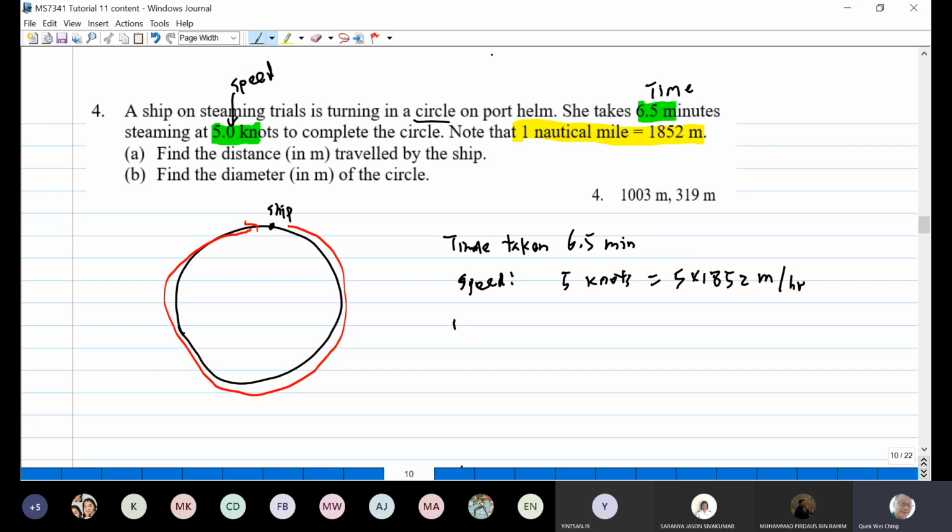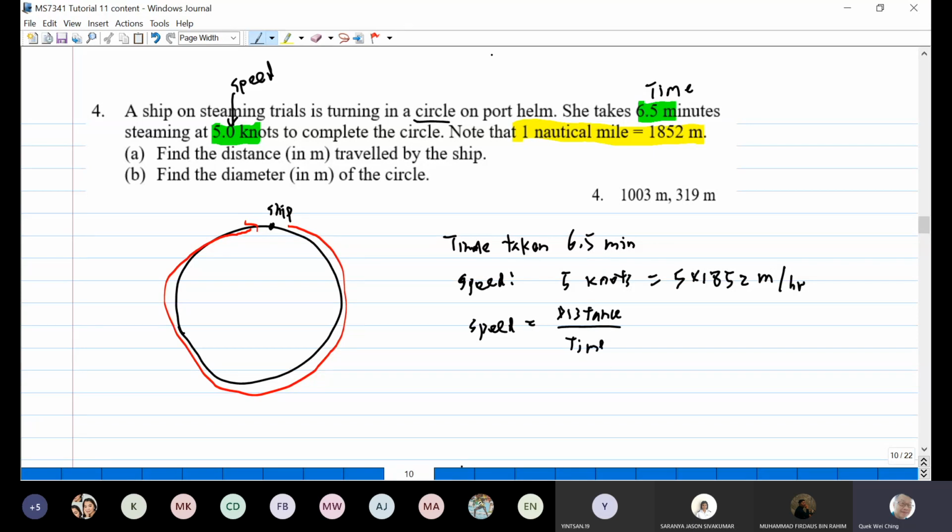People are usually more used to the formula speed equals distance over time.